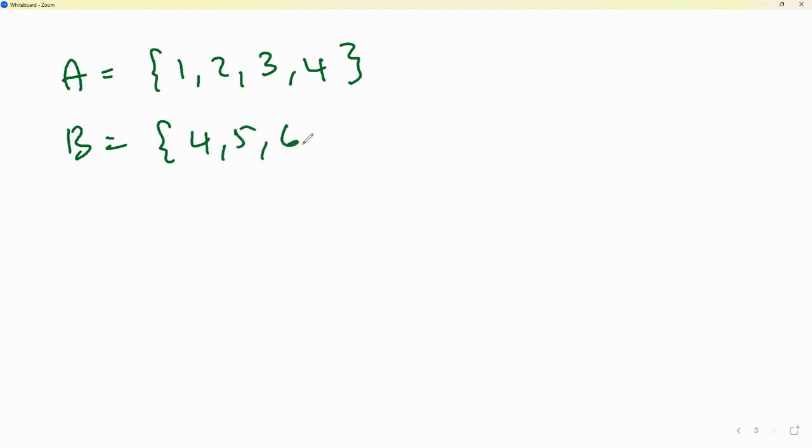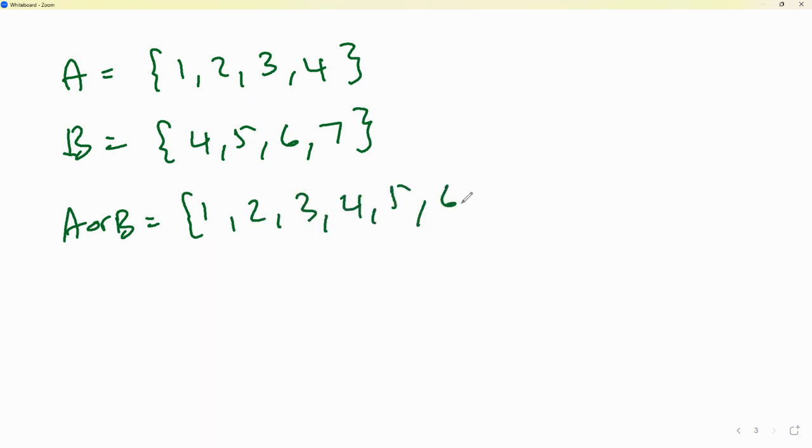But let's look at it in terms of a set now. Let's suppose I've got this set of A, which is 1, 2, 3, and 4. Let's look at set B, which is 4, 5, 6, and 7. Now, A or B, we can tell quite clearly what's in A or B: 1, 2, 3, 4, 5, 6, and 7.